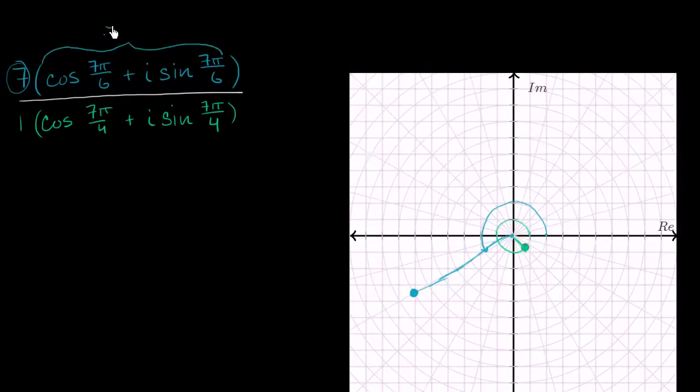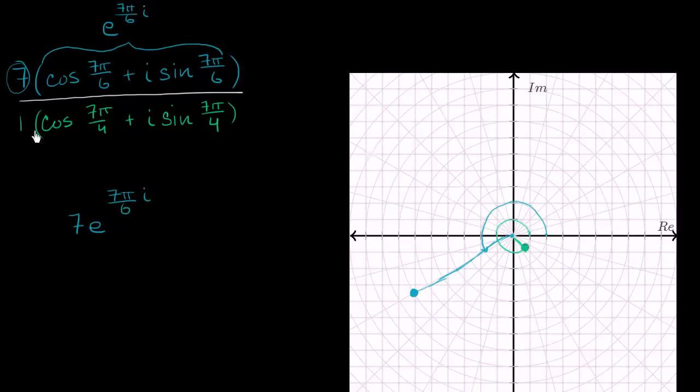This is e to the 7 pi over 6 i. That's this expression right over here. So this entire top complex number could be rewritten as 7e to the 7 pi over 6 i.